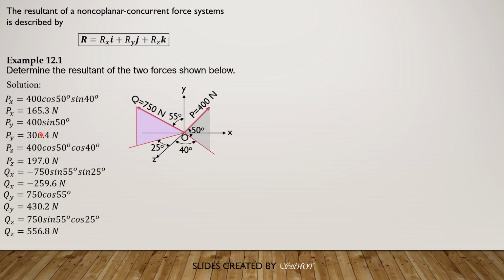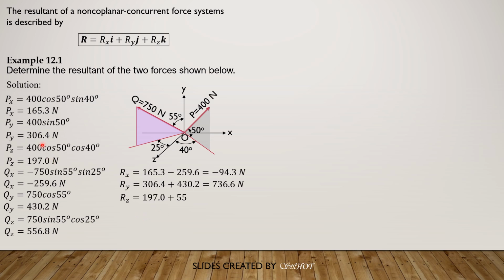So Qz is 556.8 newtons. Combining the corresponding x components, Rx equals 165.3 minus 259.6, which is negative 94.3. Ry is 306.4 plus 430.2, so that would be 736.6.